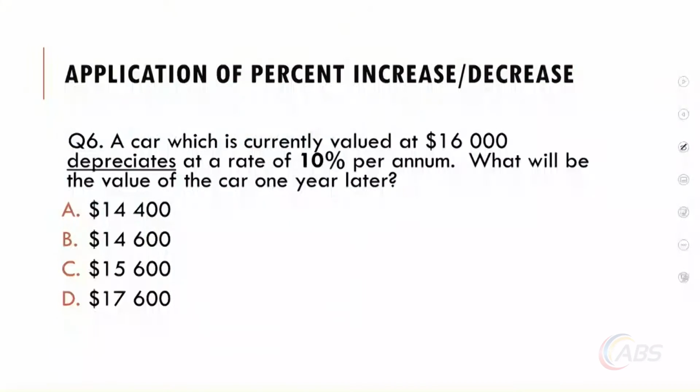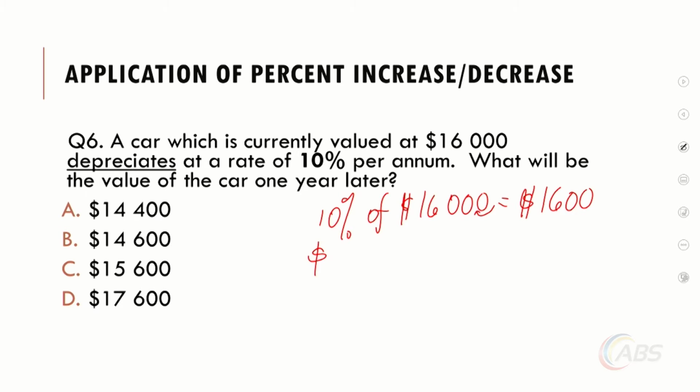So 10% of 16,000. Hopefully you already thought about it. And you have 1,600 because we move our point, right? 1,600. Now we have 10% and the car loses its value by the end of the year by 1,600.